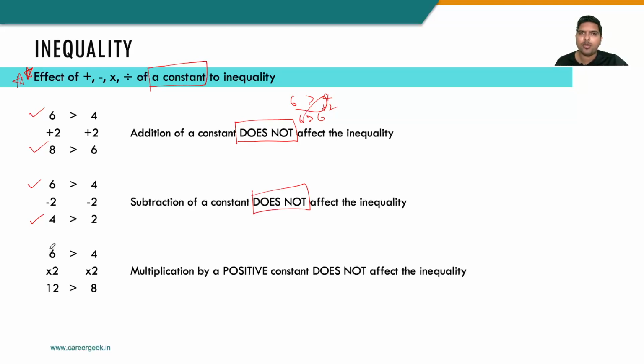Now let's come to multiplication. 6 greater than 4. If I multiply by a positive constant, which is 2, 6 into 2 is 12 and 4 into 2 is 8. 12 is still greater than 8, the inequality does not change. Does not affect means does not change, right? So you can make a note of all of this.